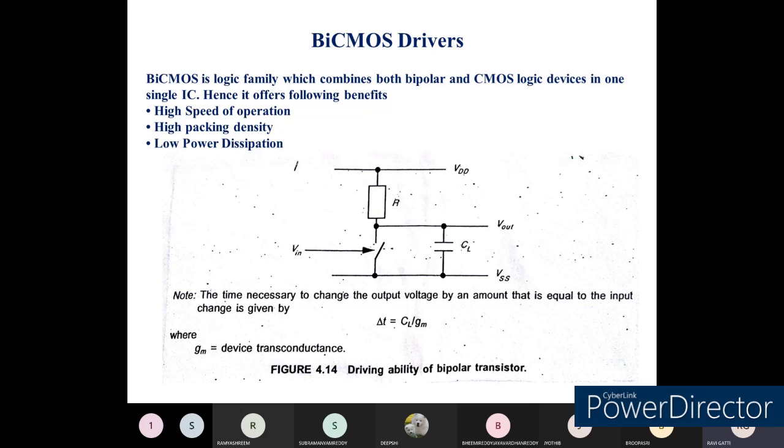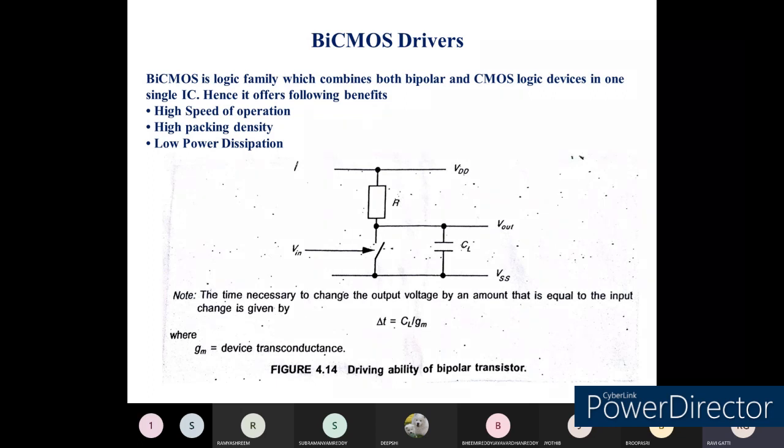To avoid this, wherever possible we accommodate CMOS technology on the existing bipolar junction transistor, so we can increase the packaging density. Therefore, with a combination of bipolar junction transistors and CMOS technology, we have created BiCMOS drivers.